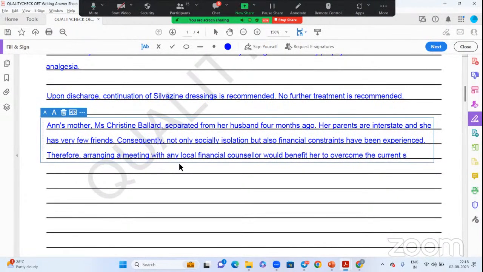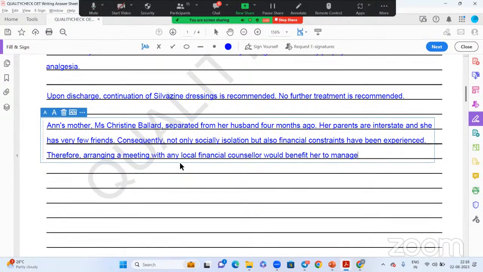Overcome, benefit her to manage, any way you can write. Don't think there is one and only option. There are 101 different variants, or you can say 1001. Could help her to manage, would assist her to manage, would support her to manage, would help her to overcome.